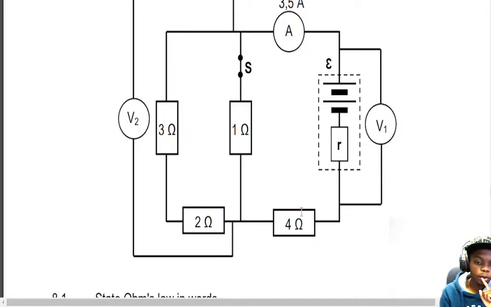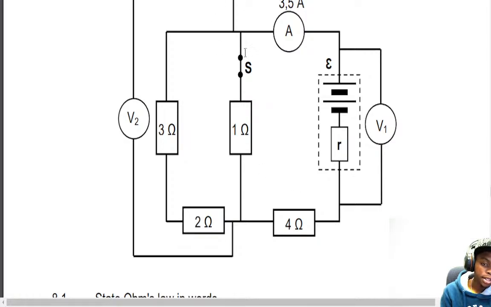Now looking at the 4 ohm resistor, it is connected in series all the way. As you can see, after here the current will combine and go back, passing here. So the current that passes through the 4 ohm resistor is the total current of the circuit.